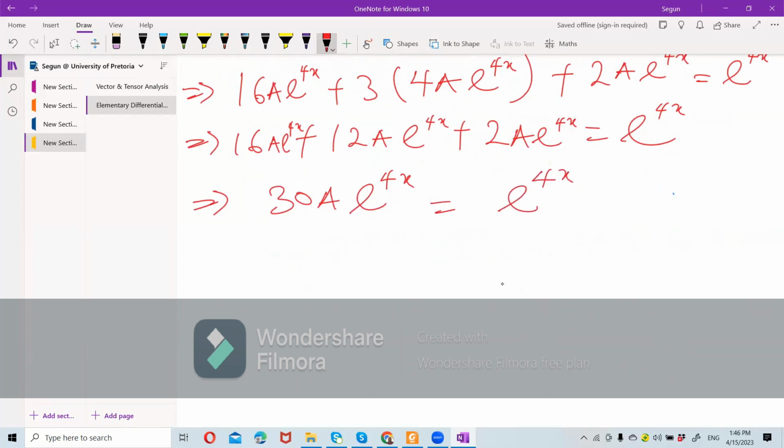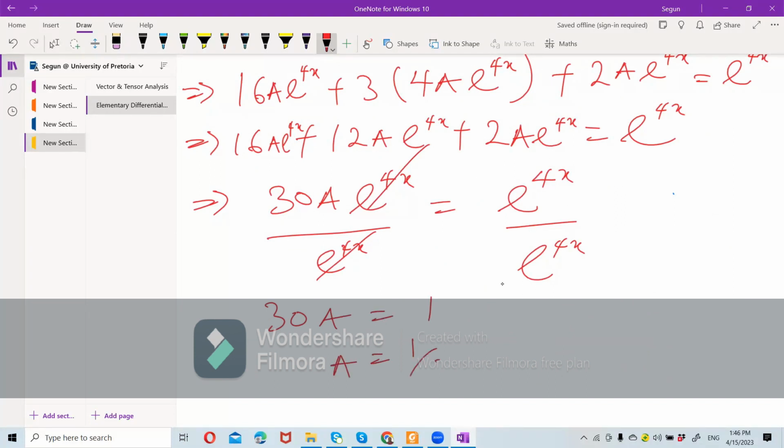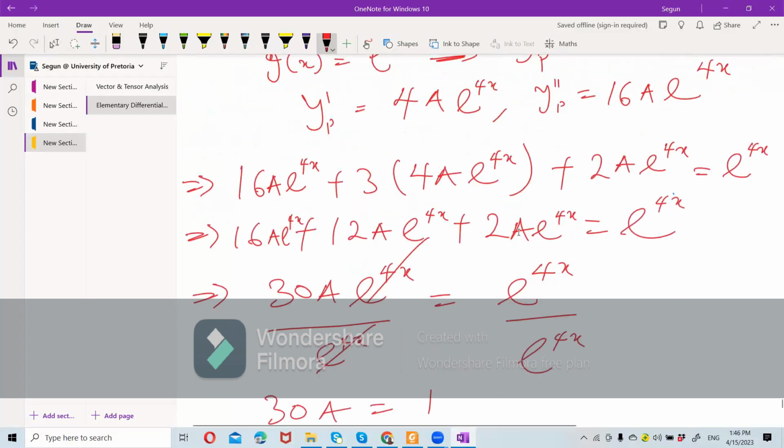So when you divide both sides by exponential 4x, what do you have? 30A equals to 1. Our A is equals to 1 over 30. Do you agree?